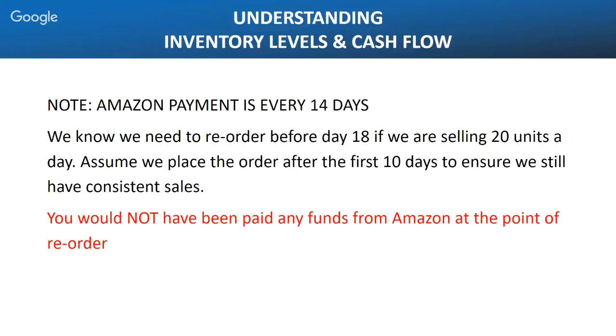So therefore you would need to be recouping from previous orders and nothing from this current sales cycle. All right, so this is why cash is king, and cash flow can kill your business. Even if you're doing really, really well, you can't necessarily keep up the momentum because of the cash flow. Okay, so that's a quick understanding of inventory levels and what that means with cash flow.